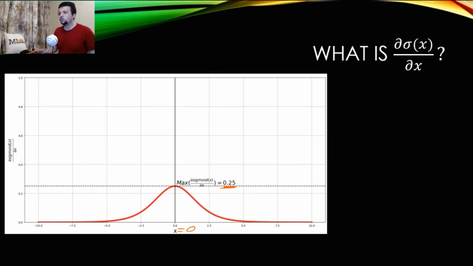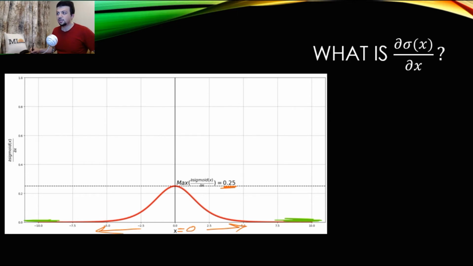And as you increase or decrease your x, your gradient goes down, and eventually reaches 0 on these two extremes. But the gradient is maximum when the input is 0.